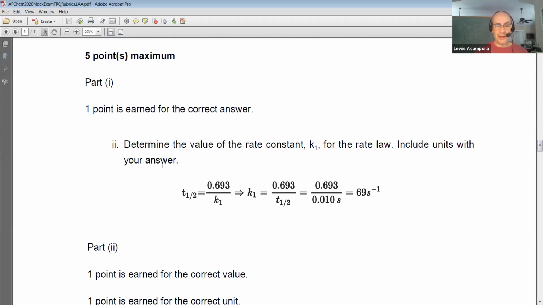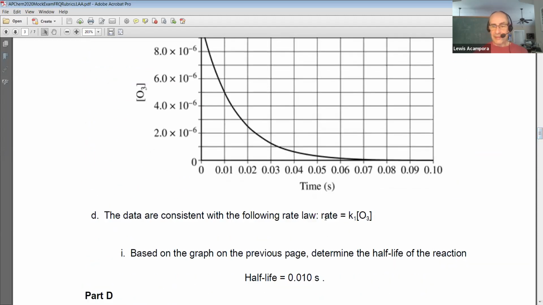Part 2, students were asked to determine the value of the rate constant, k1, for the rate law, and to include units for the answer. And this is one of those places where units do matter, and they're not always going to be the same. The units of the rate constant depend on the order of the reaction. For a first order reaction, and you can kind of guess that just from the equation here, the rate is always going to have units of moles per liter per second, or molar per second, or per hour, or per some unit of time.